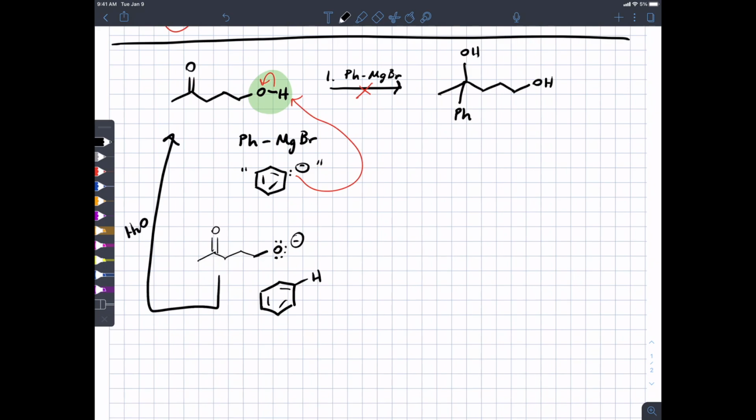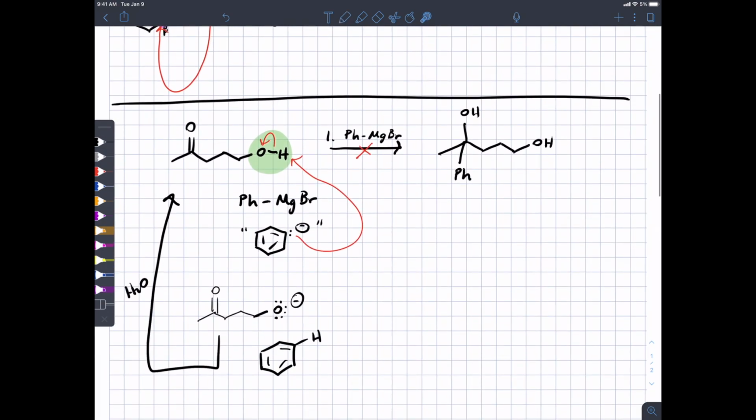So this is chemically sort of knocking our head into the wall repeatedly. So we need a better strategy. We need something. We either need a reagent that can attack the carbonyl carbon in the presence of an OH group, or we need to do something to this OH group to temporarily mask the problematic functional group.